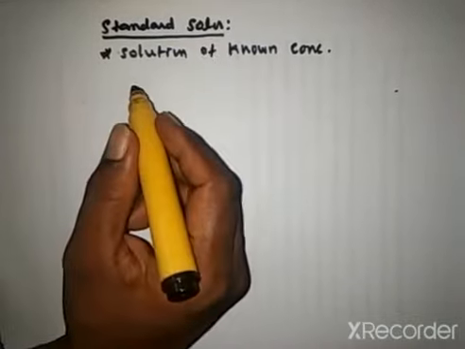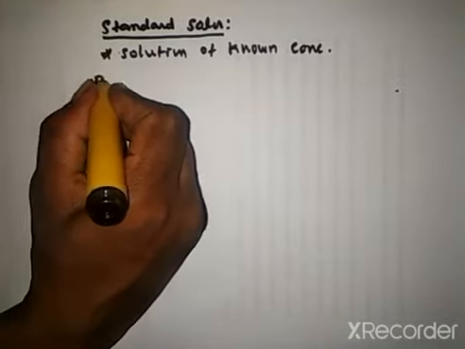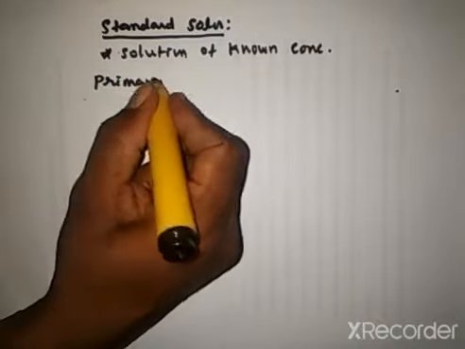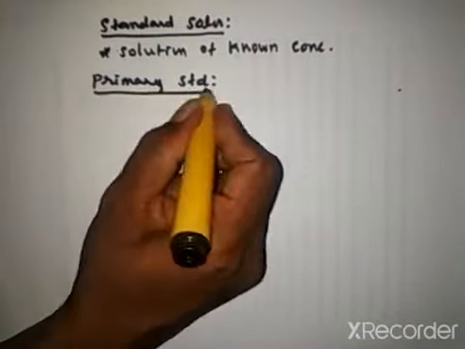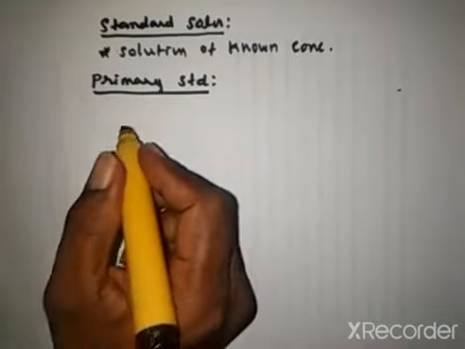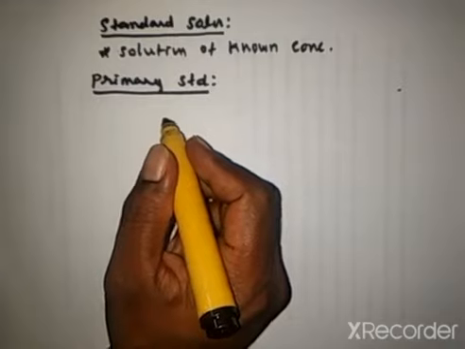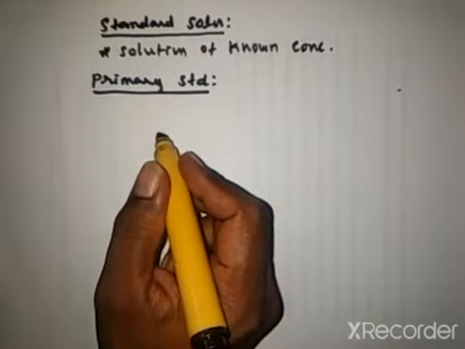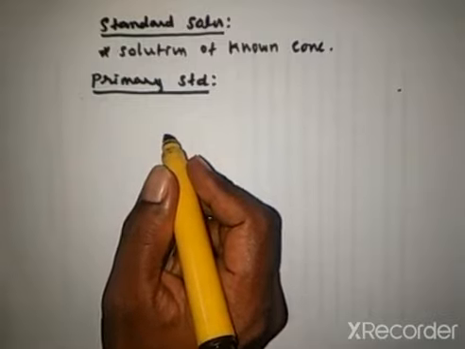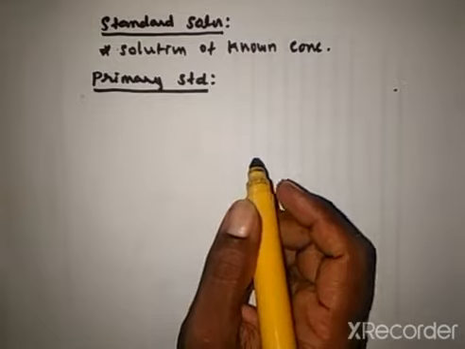And then we have primary standard. What is a primary standard substance? A primary standard is a substance whose solution can be prepared directly by dissolving its definite weight in a definite volume of solvent.